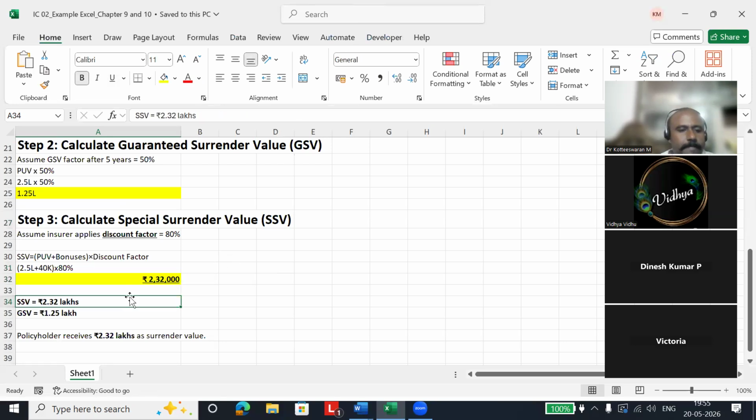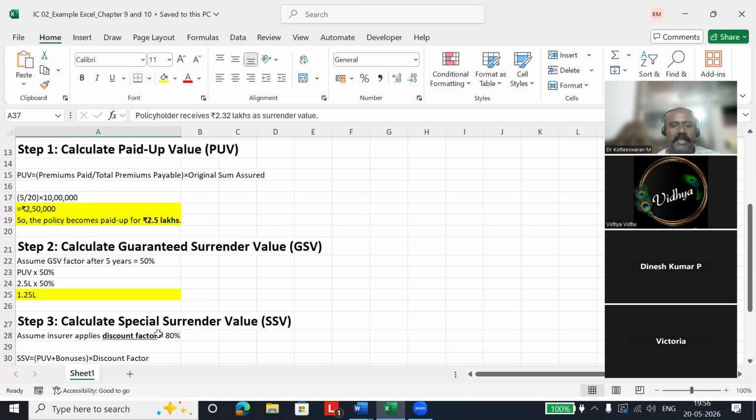So which is higher? GSV is 1.25, SSV is 2.32. The highest is SSV. So the policy holder will receive the highest value, 2.32 lakhs, as the surrender value. If you surrender the policy, immediately the insurance company will pay you 2.32 lakhs.